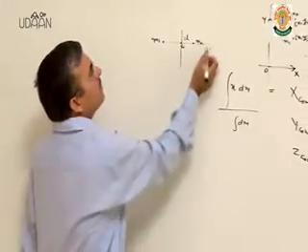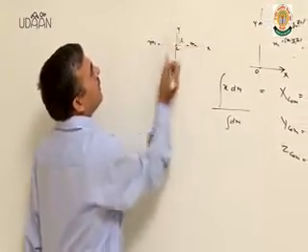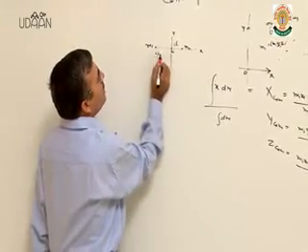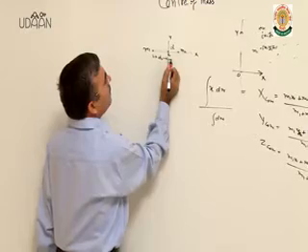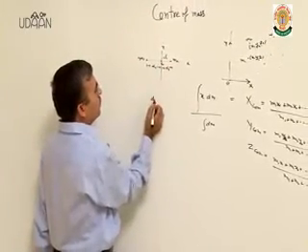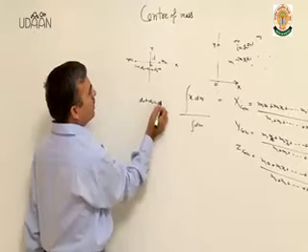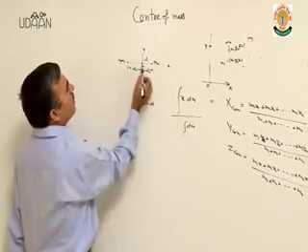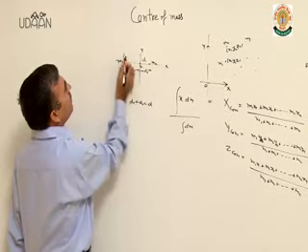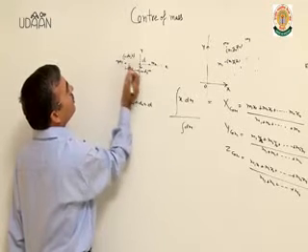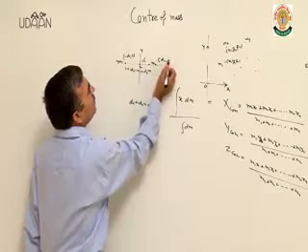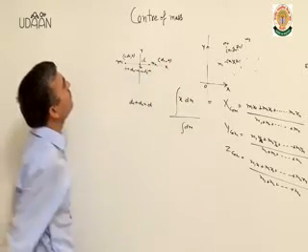Suppose the distances are d1 and d2, so d1 plus d2 is d. Coordinate of m1 will be minus d1, 0, and of m2 it is d2, 0 in two dimensions.